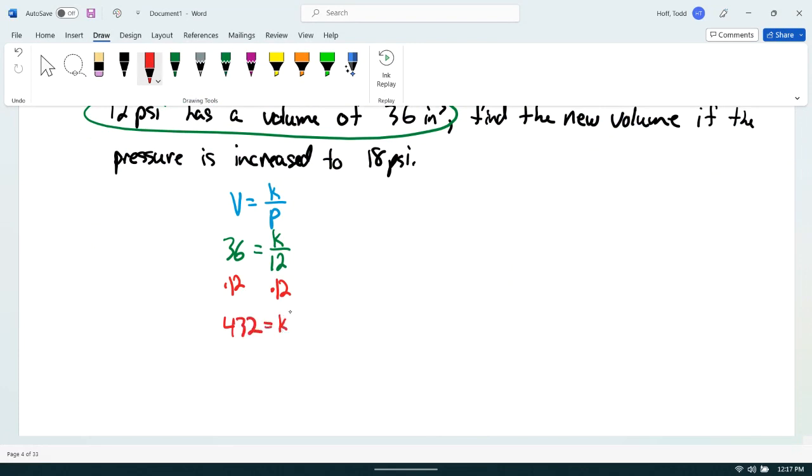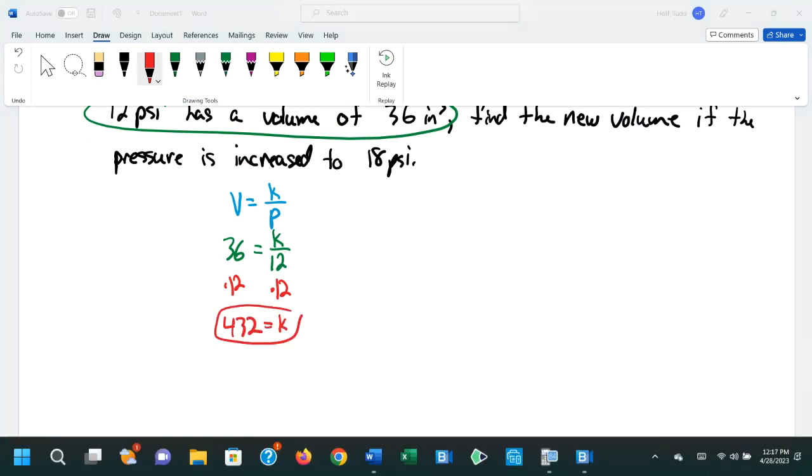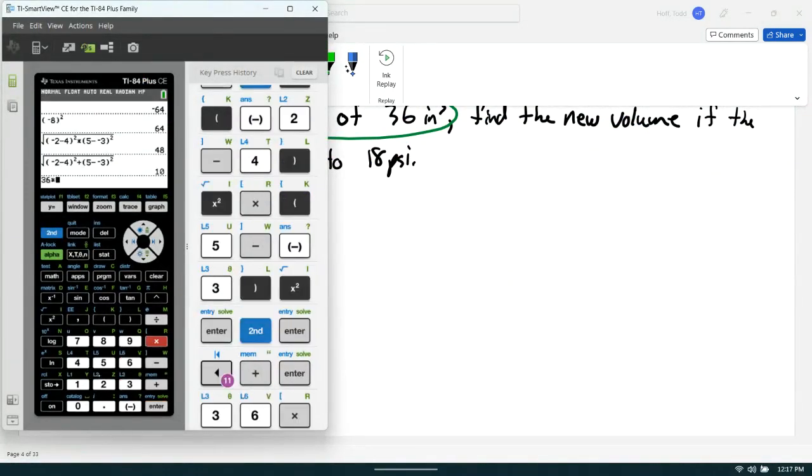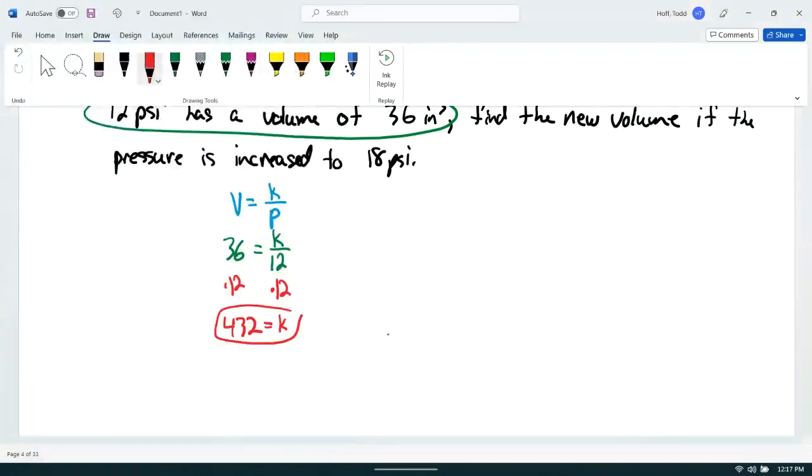Okay, let me double check that quick. It is 432. So that allows us to further define this formula here by replacing K with 432. So the volume equals 432 divided by the pressure.